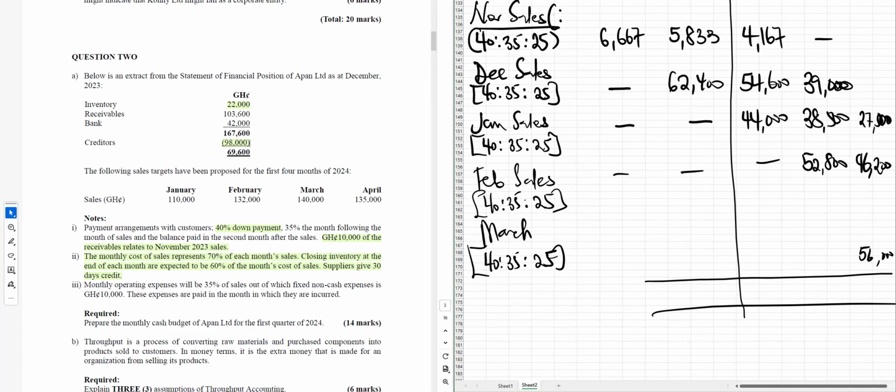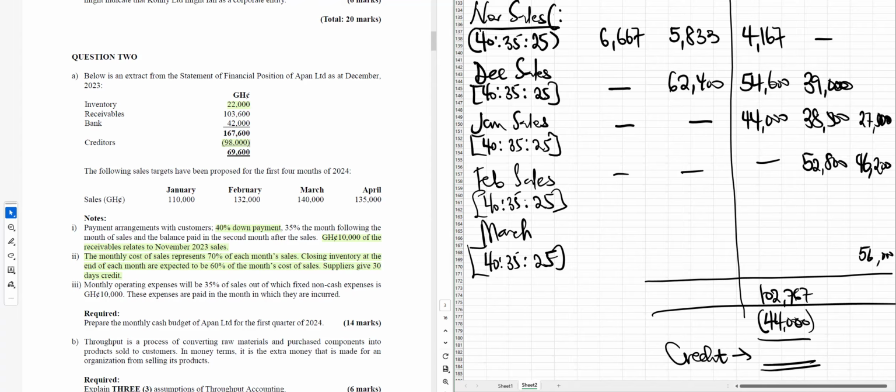So that's 4,167 plus 54,600 plus 44,000 for January. That's 102,767, right? But I've already recorded that 40%, the 44,000. I need to take it out. You understand? So that I only come and get the credit sales, because I've already recorded my cash sales, right?